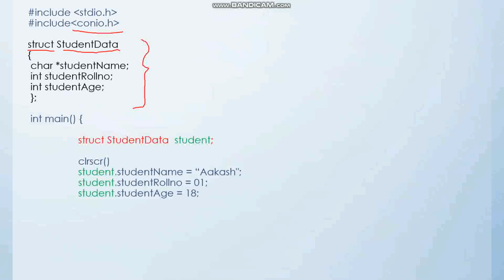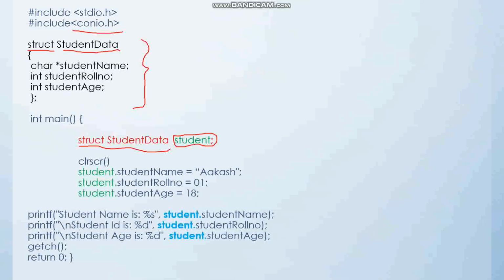Now I'm going to code the main function. The way to declare the variable was, first I will give the name of the data type. So the name of the data type is struct student data, because a structure is a user defined data type. So first I am declaring this data type, then I am giving the variable name, that is student. So this variable student has a data type of structure.